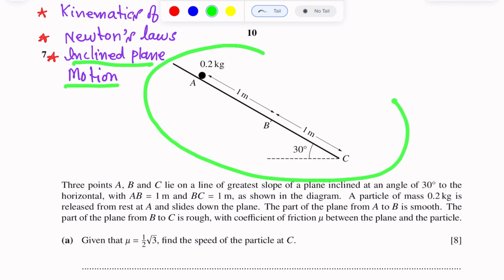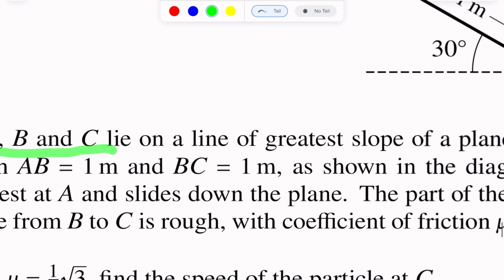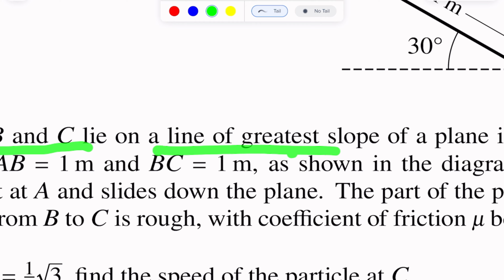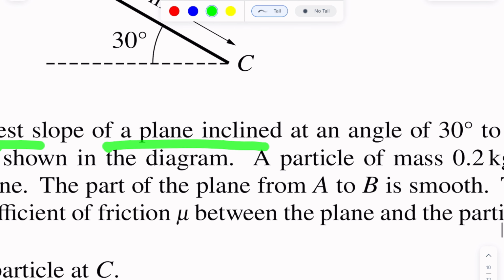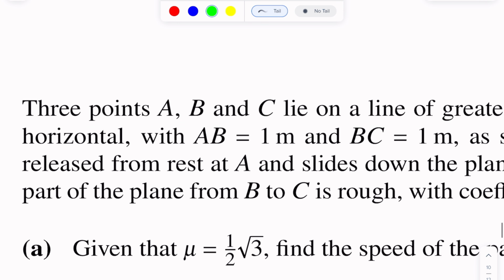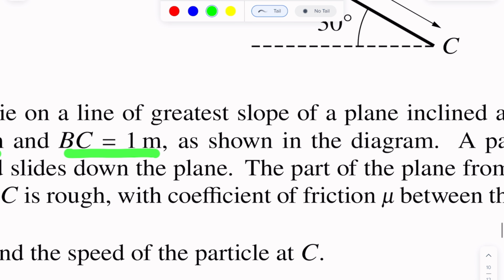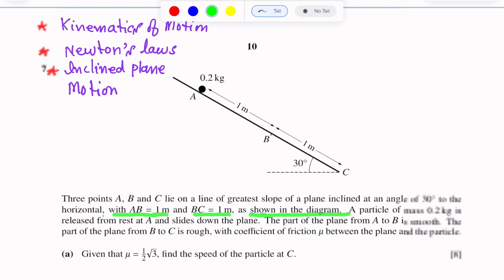This is the diagram. 3 points A, B, and C lie on a line of greatest slope of a plane inclined at an angle 30 degree to the horizontal, with AB equal to 1 meter, BC equal to 1 meter as shown in the diagram.